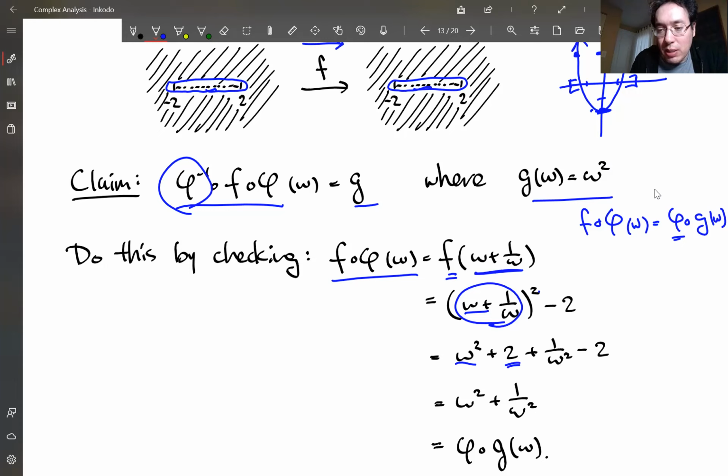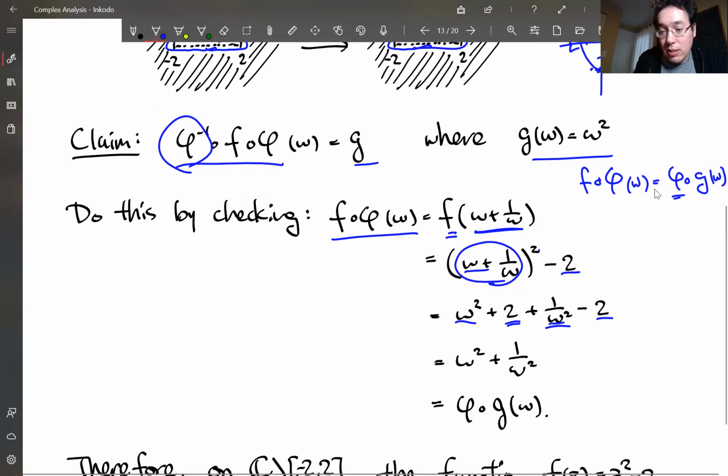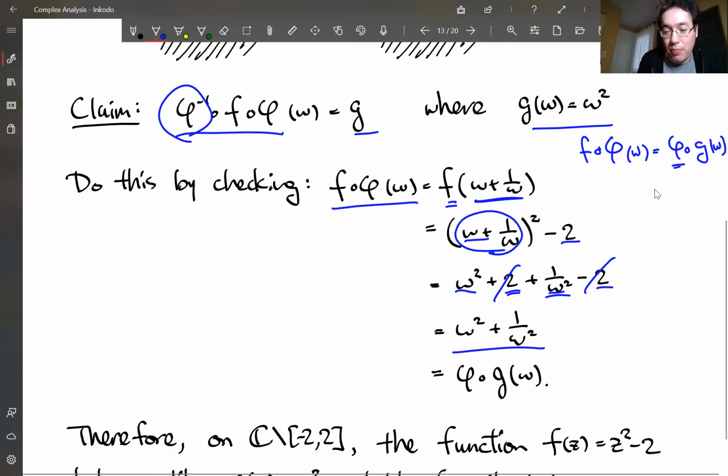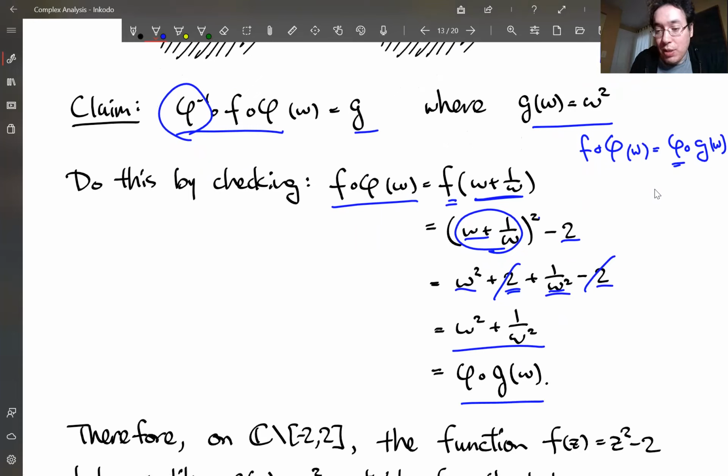So that's where we get the 2. And finally, 1 over w squared there. We carry over the -2 on the outside of the square. Conveniently, the 2 cancels out. And then we have w squared plus 1 over w squared. This is exactly the function phi when you plug in the input of w squared. So that's phi of g.